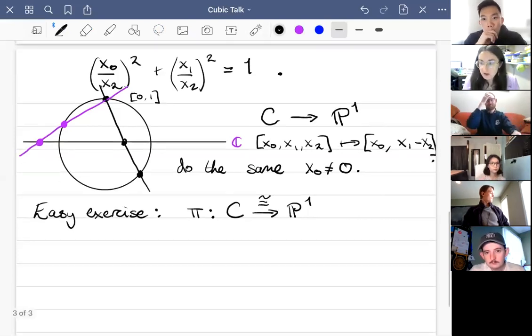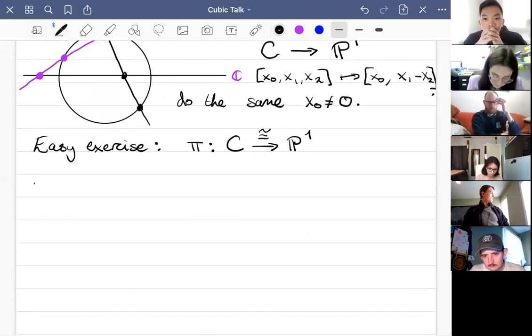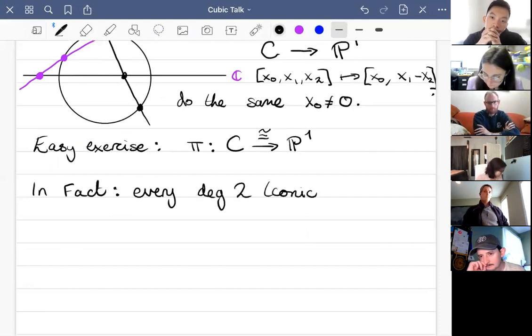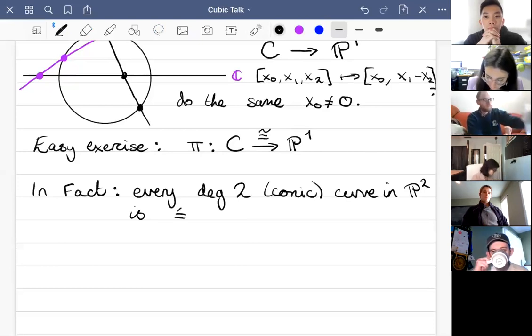All right, so I just looked at a special example, but in fact every degree 2 curve in P2, what's normally called a conic, is isomorphic with P1.